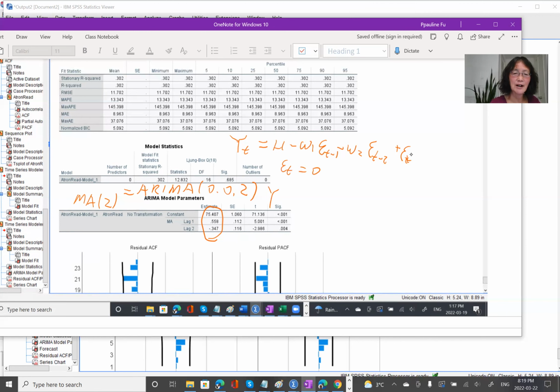So now let's forecast for 76. So y hat 76 equal to mu. Mu equal to 75.407, omega 1 is 0.558, omega 2 is negative 0.347.